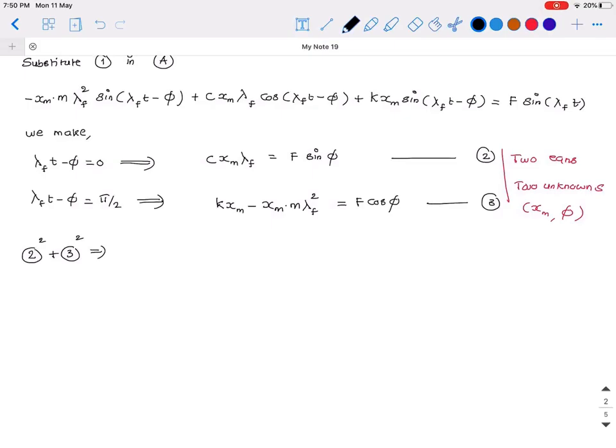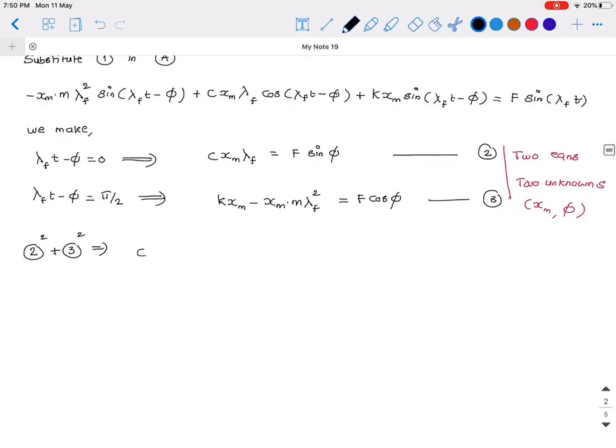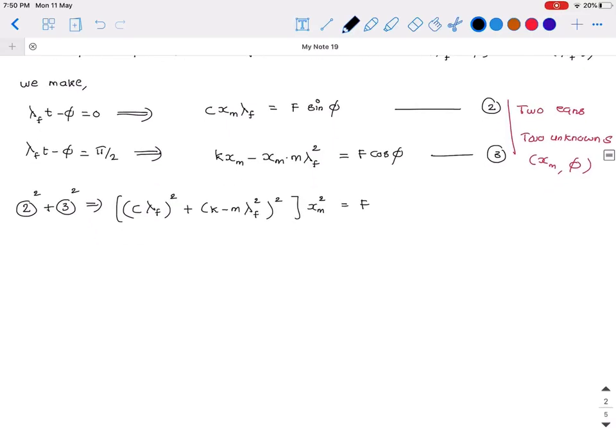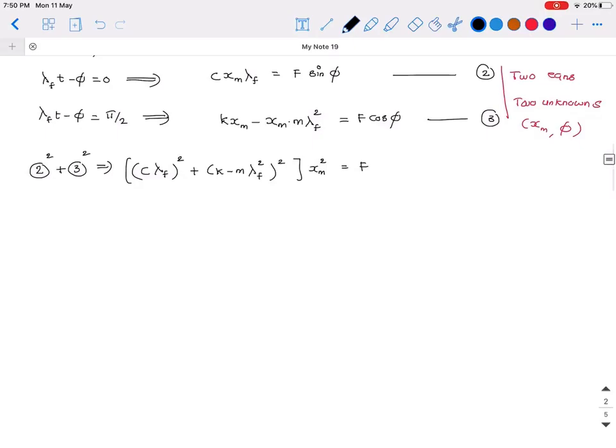So what you get is (c lambda f) square plus (k minus m lambda f square) the whole square times xm square is F square.